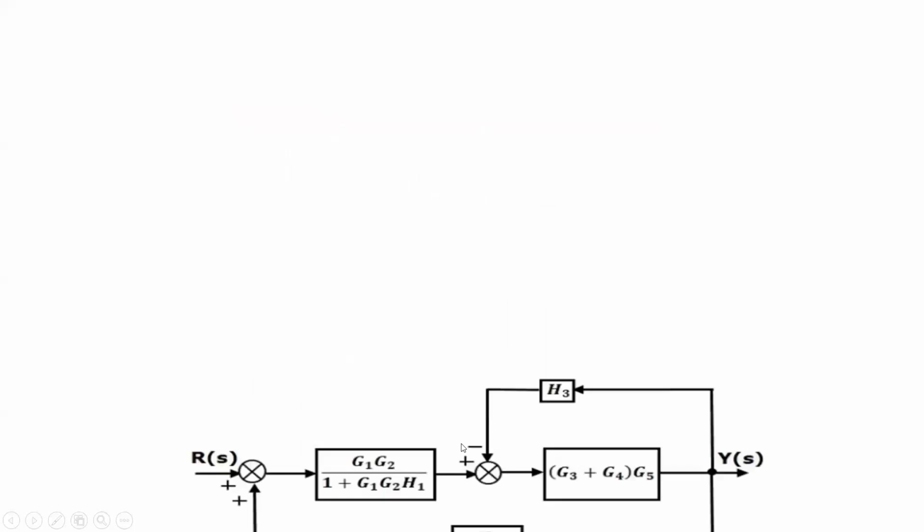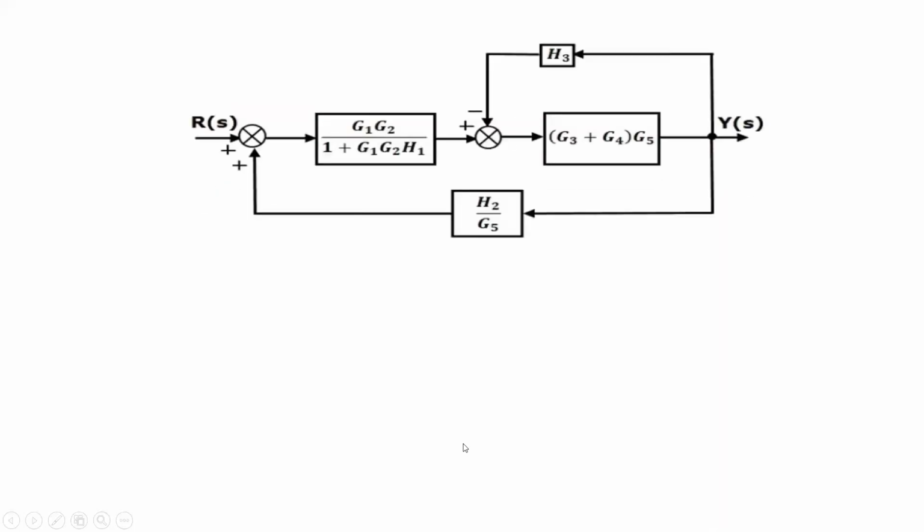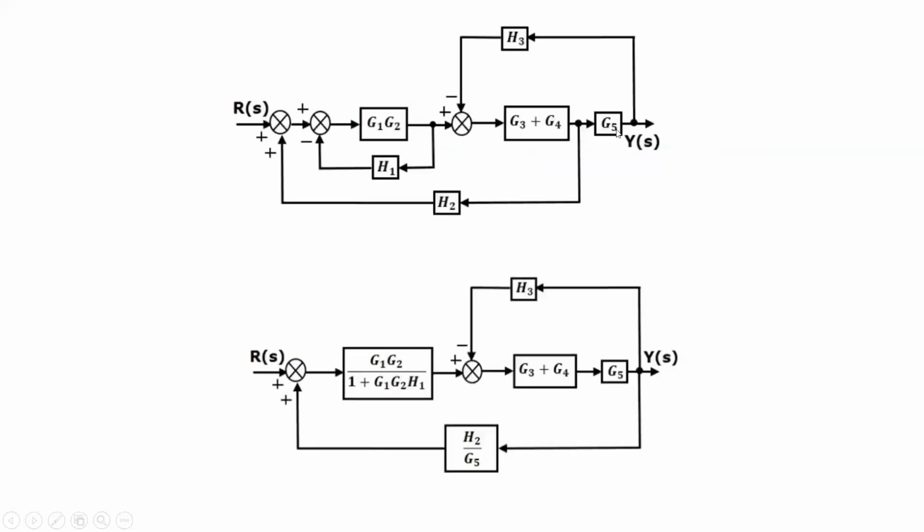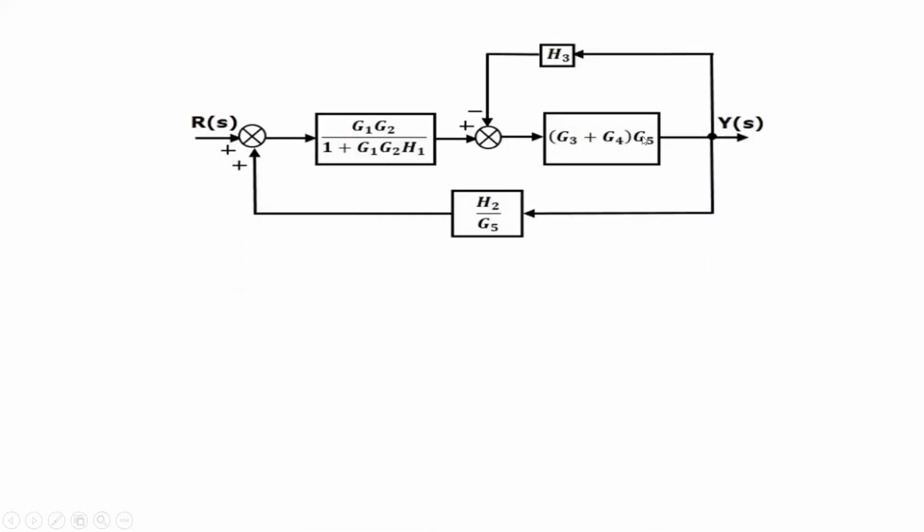So upon moving to the next step, we have these two blocks in series. So we have made that using series formula, and we arrived upon this kind of thing.